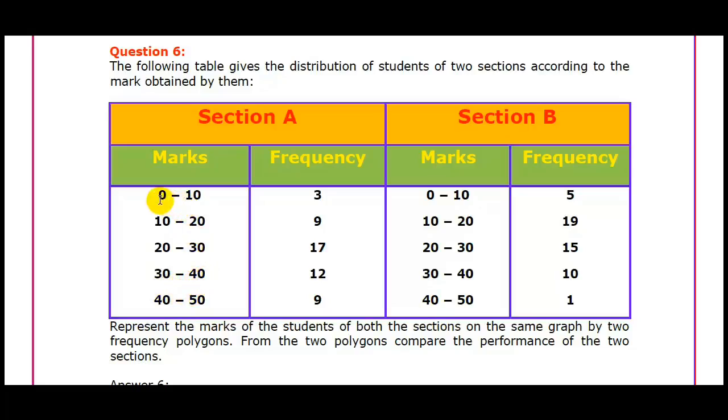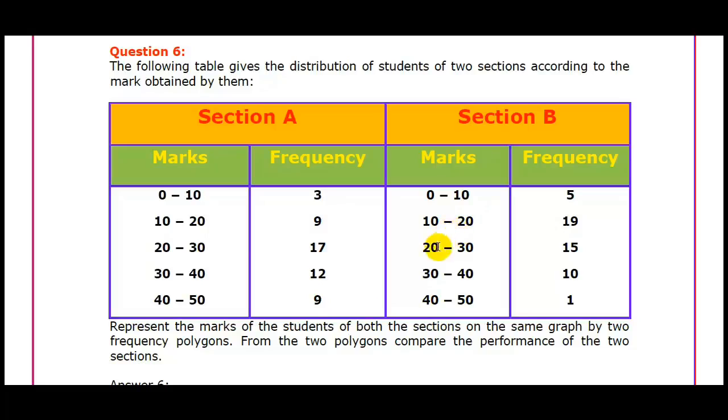So in between 0 to 10, there are 3 students who got marks between 0 to 10. So for section A and section B, these are the different marks obtained by the students.